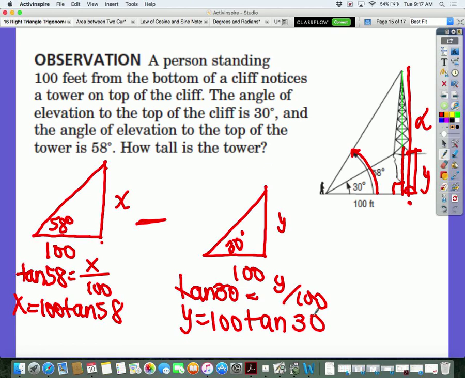So once I figure out those two values, I'm going to end up subtracting them from each other to find out how tall my tower is. So go ahead and do that. Let's go nearest 10. What is it? 102.3?